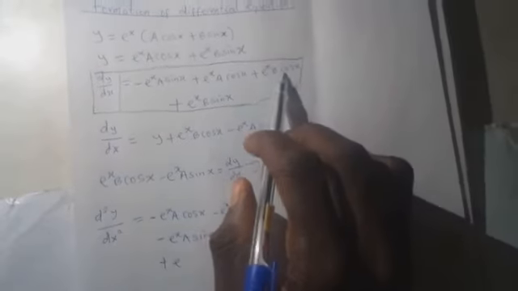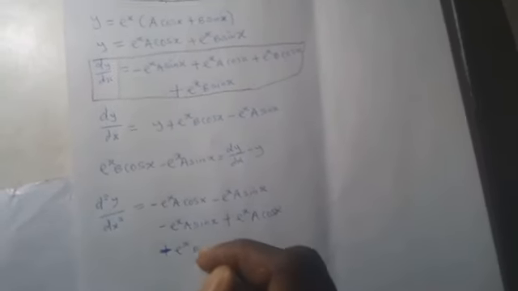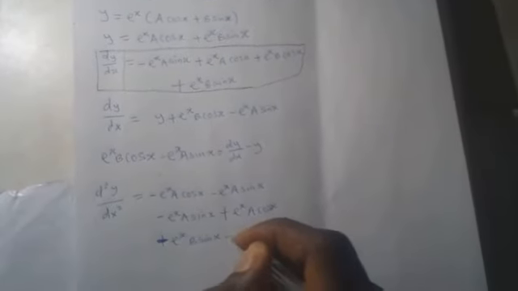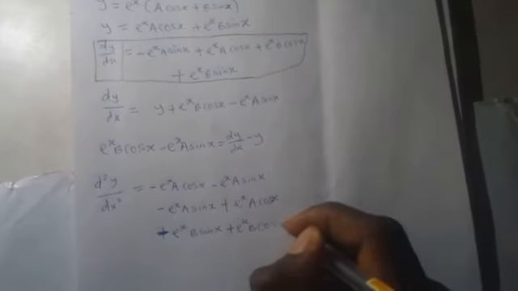I'm going to have, it's very interesting, this is cosine, so I'm going to have negative exponential x b sin x, so you have to be very careful. Now if I keep this constant and I differentiate this, I'm going to have positive exponential x b cos x.